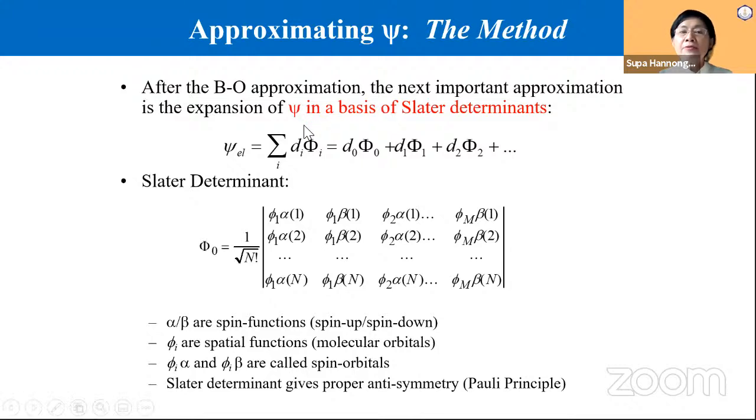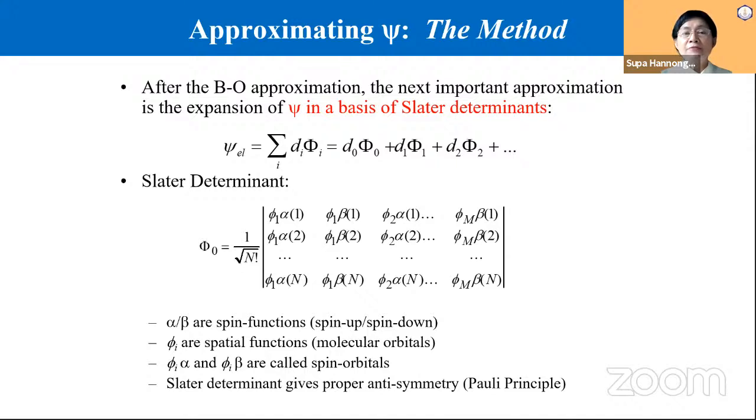You remember the linear combination of atomic orbitals to construct the molecular orbital. Okay, if we have not so many terms or atoms, we can solve the wave function quite exactly.